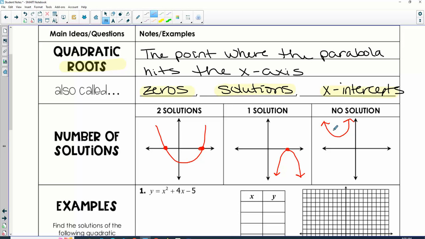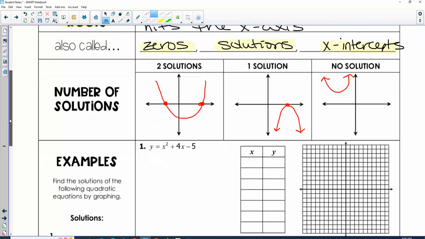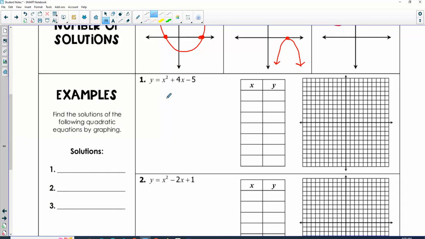All right, so to find them, we are going to just graph like we have been doing. So if I'm asking you to look at this first example, when we graphed these yesterday, or all last week, we had to find the vertex first. And remember, to find the vertex, we use the opposite of b over 2a. b is the number in front of x, so that's 4, so the opposite of b is negative 4. a is the number in front of x squared.